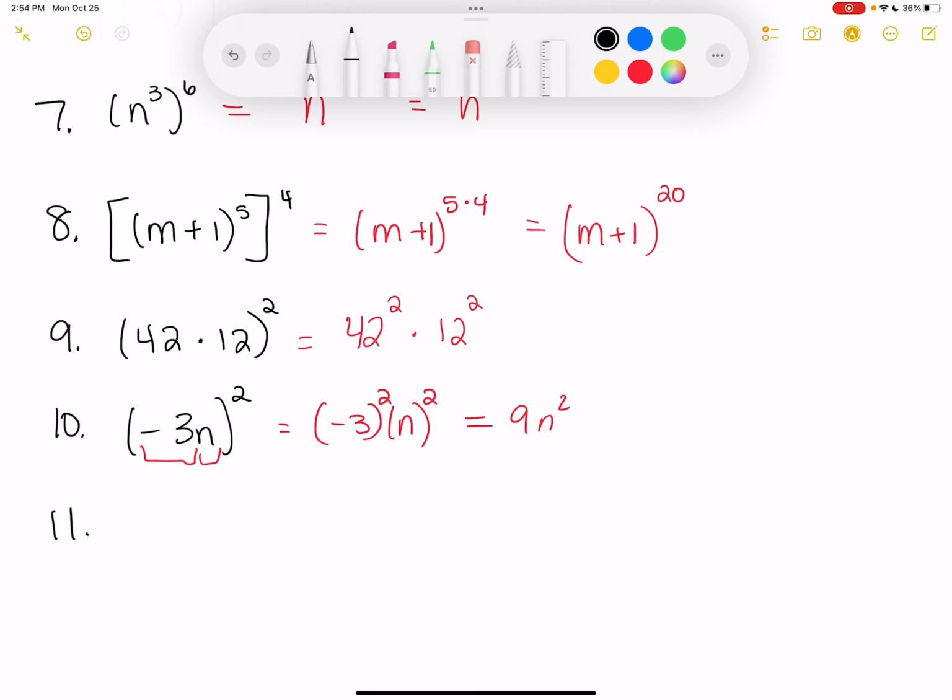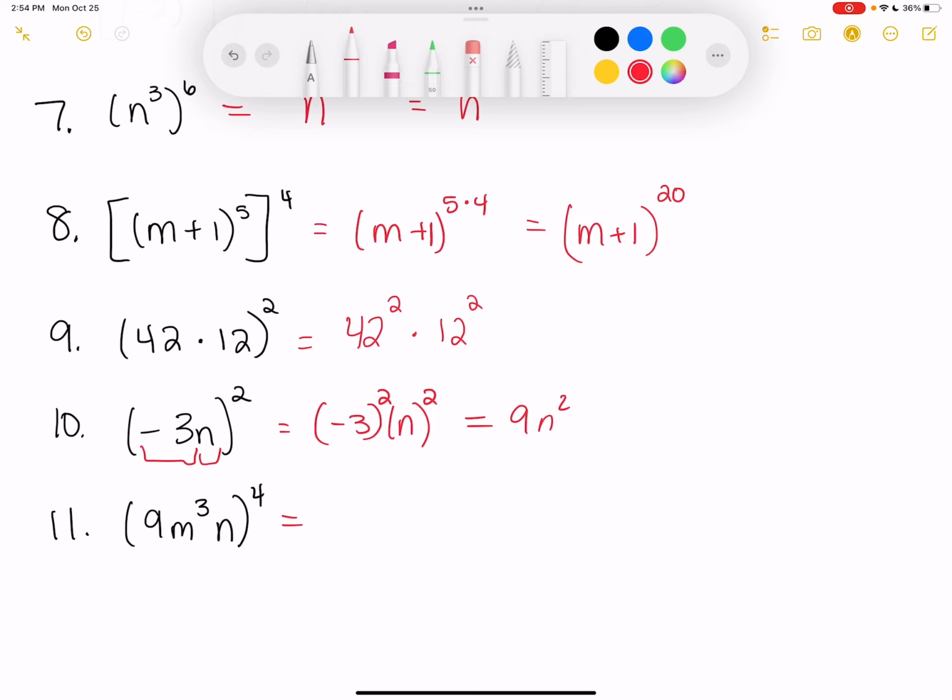All right, with one like 11, I've got 9m cubed times n all raised to the 4th. So what do we think that means? There's a lot of ways you can do it. Well, it's times n, right? 9m cubed times n.